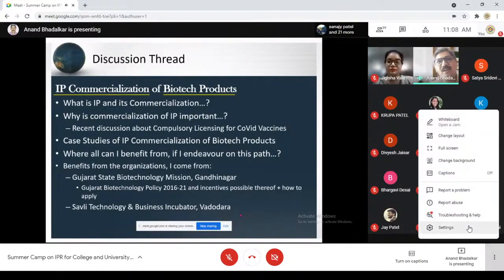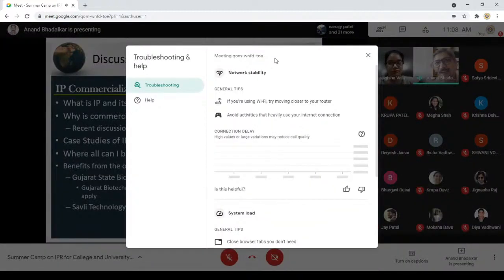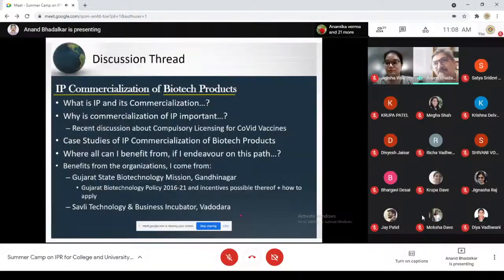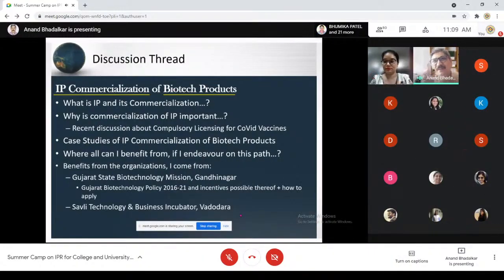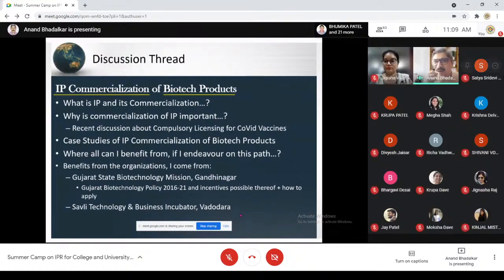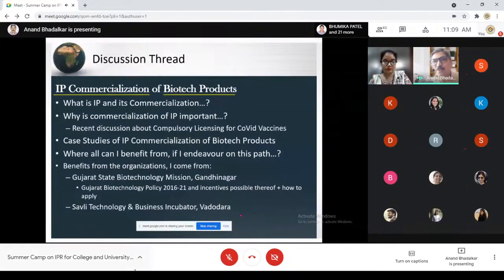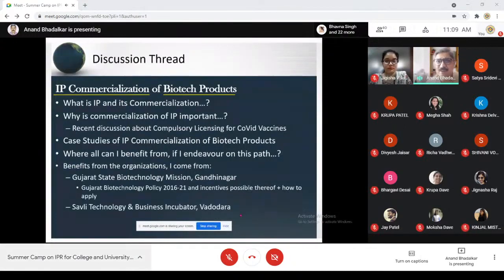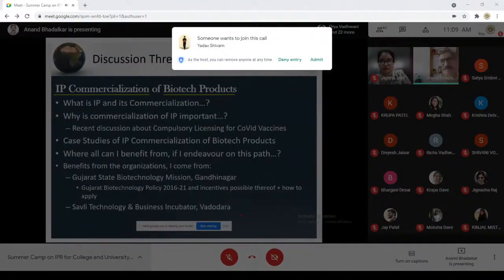You may have seen recently there is this discussion about compulsory licensing for COVID vaccines. So it is important to understand what happens when there is compulsory licensing, or why. We will take this through case studies of IP commercialization of certain biotech products so that we understand the impact.